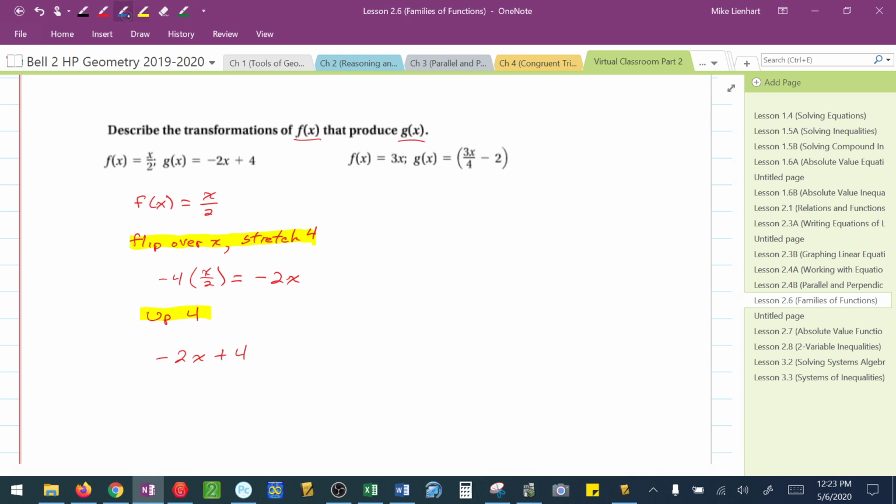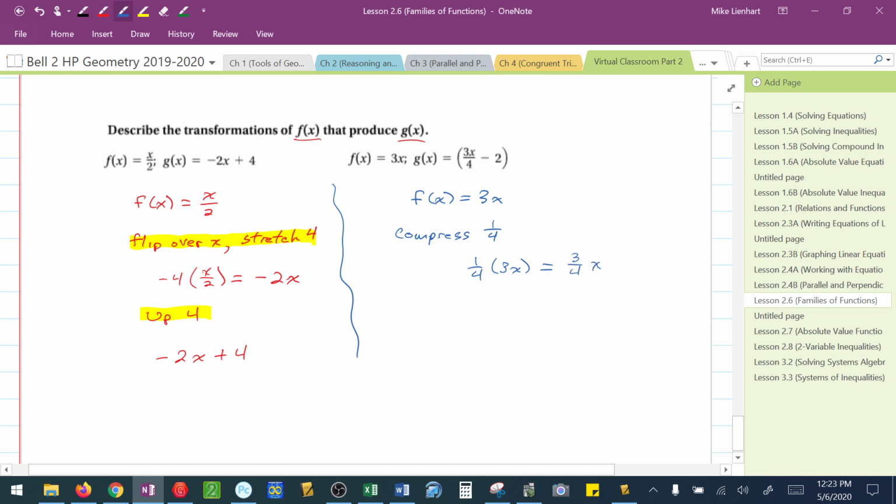Okay, let's try this next one here. So I'm going to start with f of x is equal to 3x. I'm going to go ahead and compress by a factor of 1/4. Now, what does that do? That gives me 3x becomes 1/4 times 3x, which would be 3/4 x.